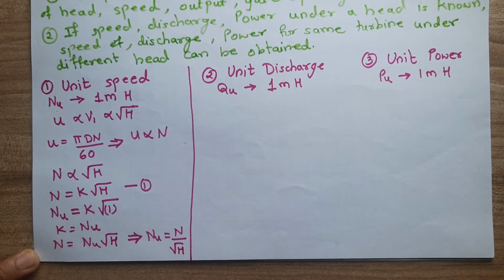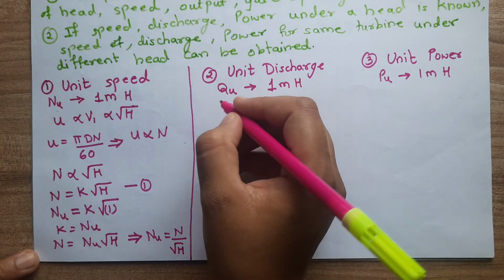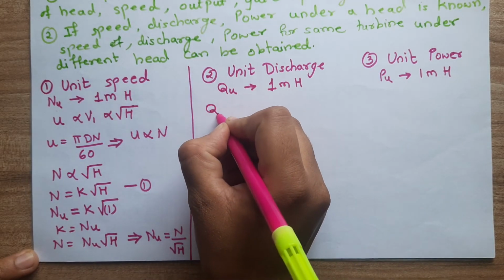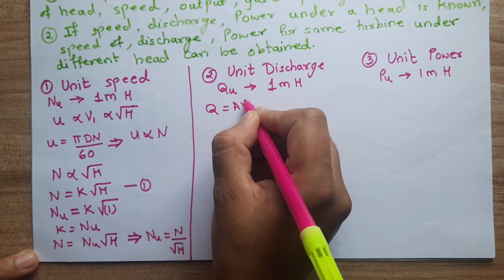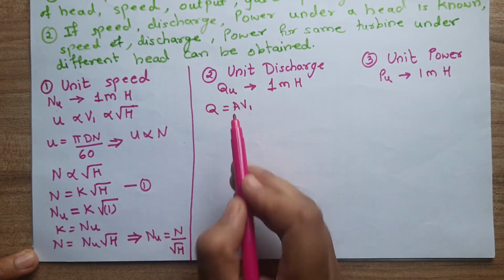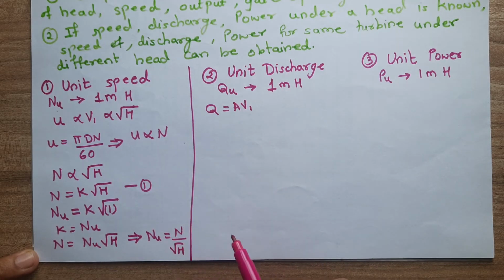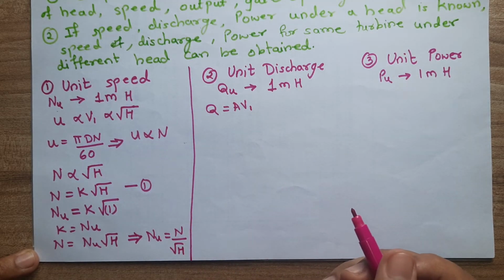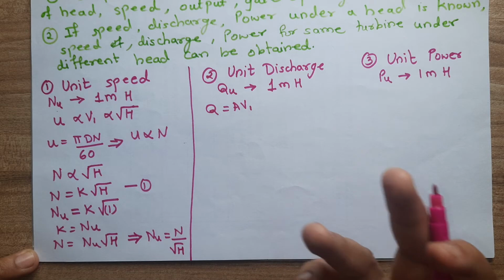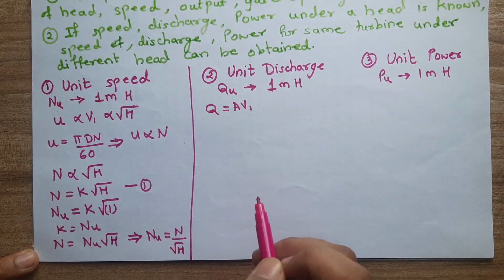Let's see similarly for the unit discharge. We know very well that discharge is equal to area into velocity. Again, the area of the nozzle is going to be the same for the turbine, because the turbine is not going to change, so the area is also not going to change.